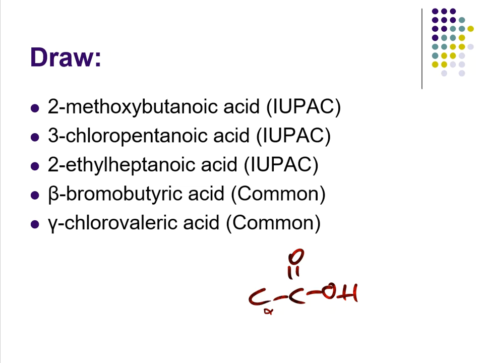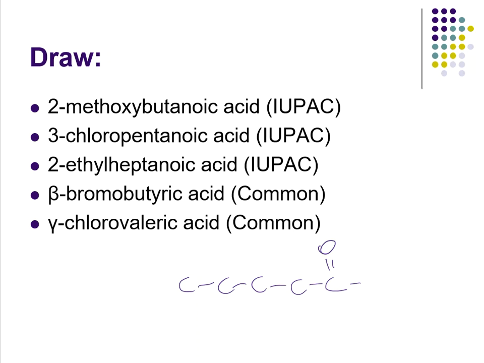All right, now we do our last one on the screen. And that last one is gamma-chlorovaleric acid. Valeric. Now they're trying to test me. Valeric is 5 carbons. 1, 2, 3, 4, and 5.